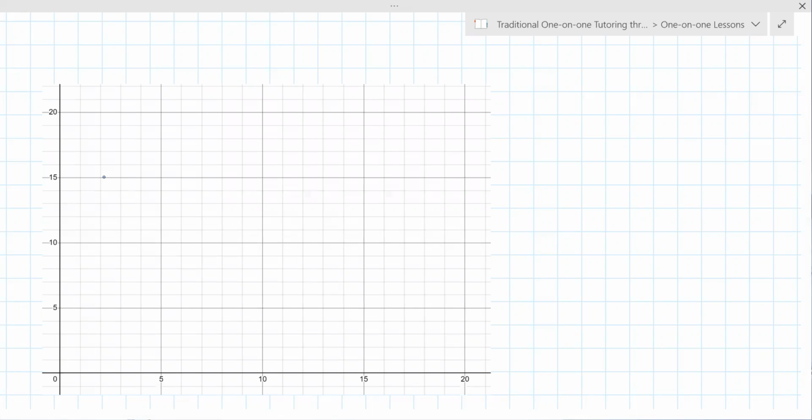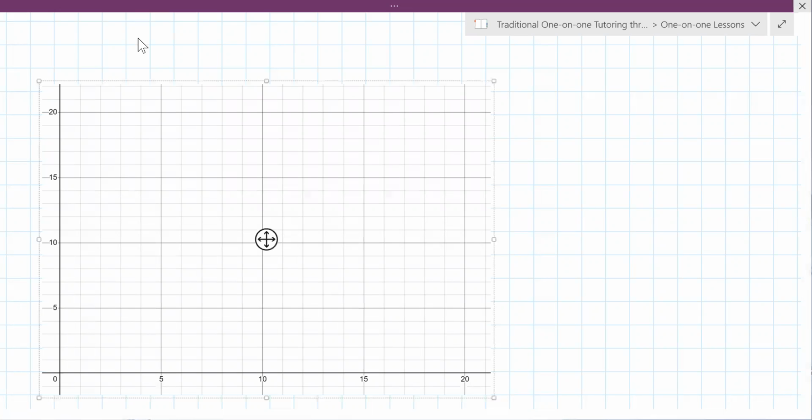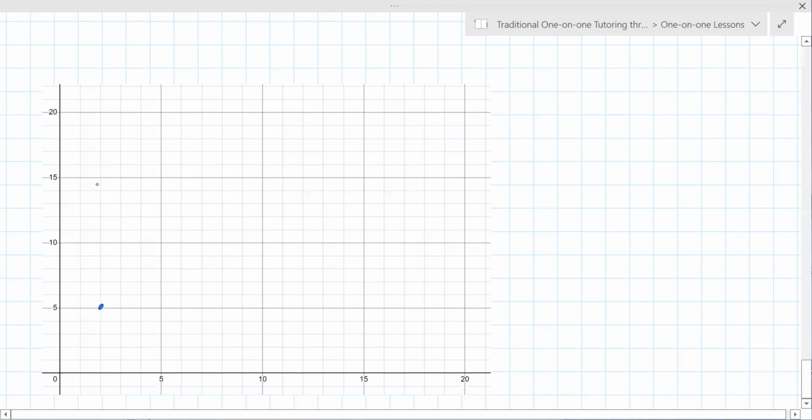Maybe a house comes to mind. Let me use a different color. Actually, blue is fine. So here's the house. But the thing is, they've got to all connect together. So maybe that's tough, because then it's like, well, where do you go from here?